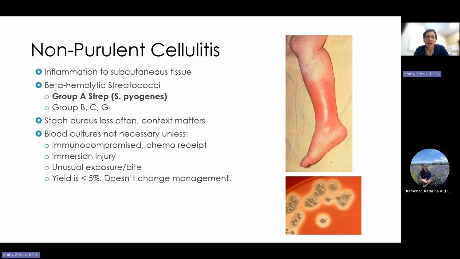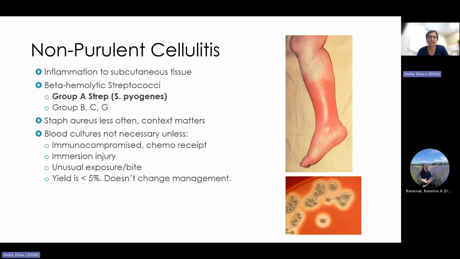These are most often caused by beta hemolytic streptococci. There are different groups of strep, as you see here, but group A strep, or Strep pyogenes, is the most common. Then we also have group B, C, and G strep. It doesn't matter exactly which; if you are suspecting strep, you just need first generation cephalosporins or penicillins.